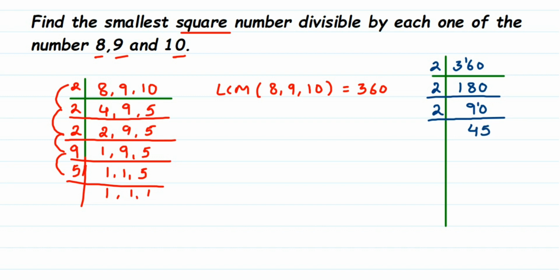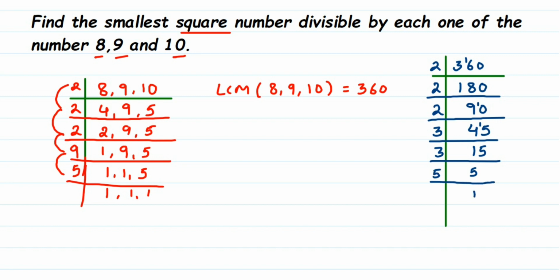We got 45, this goes in 3, so 3 1s are 3, 1 is a remainder, that makes the number 15, so 3 5s are 15. Again 15 we got, so 3 5s are 15 and 5 1s are 5. Now we can check if this given number is a perfect square or not.